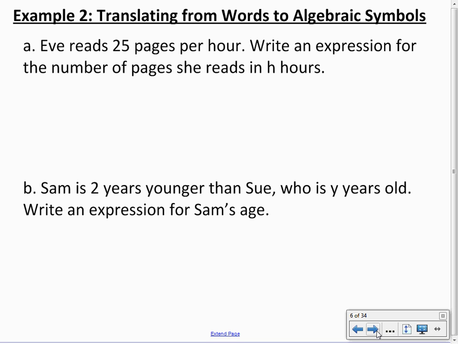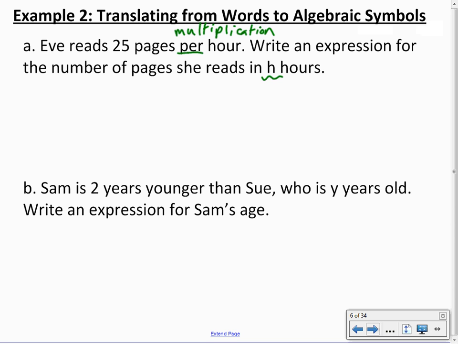Example A says Eve reads 25 pages per hour. I'm going to give you a tip here. Anytime you see per, that means we're going to have multiplication involved. So we want to write an expression for the number of pages she reads in H hours. The important thing to notice here is it's telling us what variable we should use.